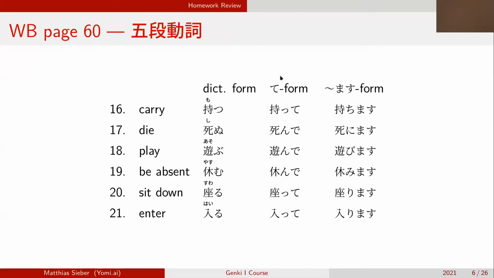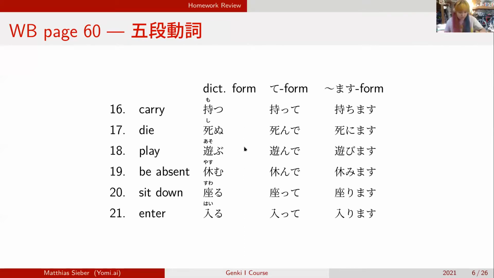Following, we have to carry, motsu, motte, mochimasu. To die, we have shinu, shinde, and shinimasu. It's not shimasu, but shinimasu. To play is asobu, asonde, asobimasu.